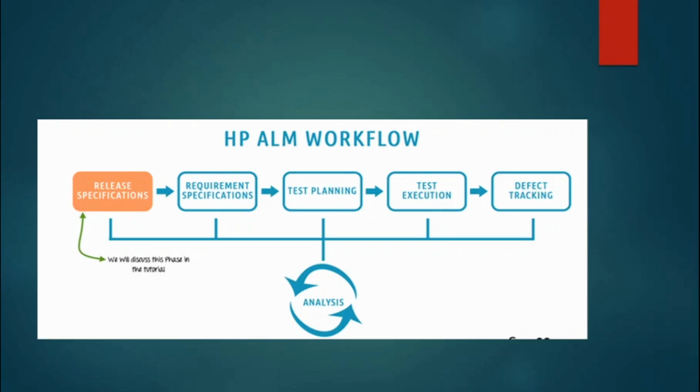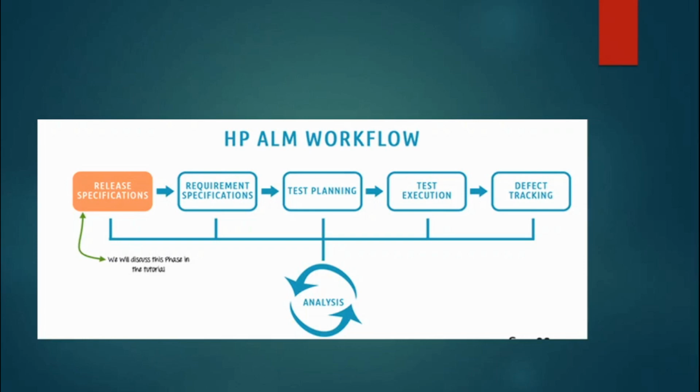Now, you have seen this HPLM workflow earlier also. Today we are going to discuss the release specification, where we generally define the scope of that particular release. In requirement specification we create the requirements in HPLM. In the test planning phase we create the test cases in HPLM.